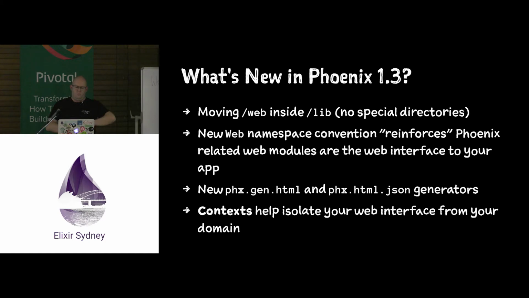Phoenix is trying to really guide you towards not doing that. What you should have is your application with a web presentation layer. All of this change is really trying to push you down that path. And all of the new generators essentially just guide you towards putting code in the right place, so that when you build a bigger app, and it does get bigger, it will not be painful to work with.